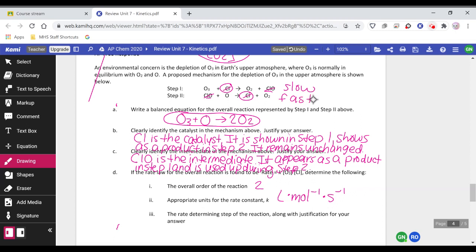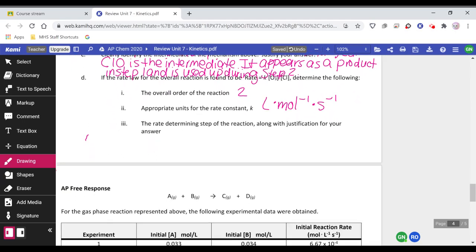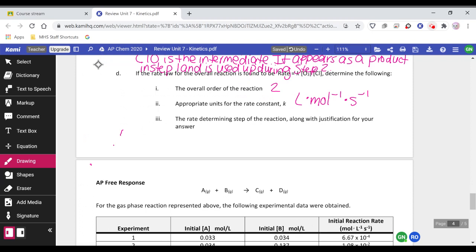That should have been given to us. Okay, and so now which one is the rate determining step for the reaction? The first one, the slow one, right? So the rate determining step is step 1, the slow step.